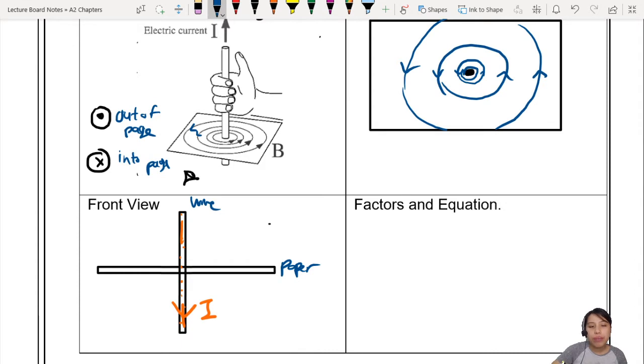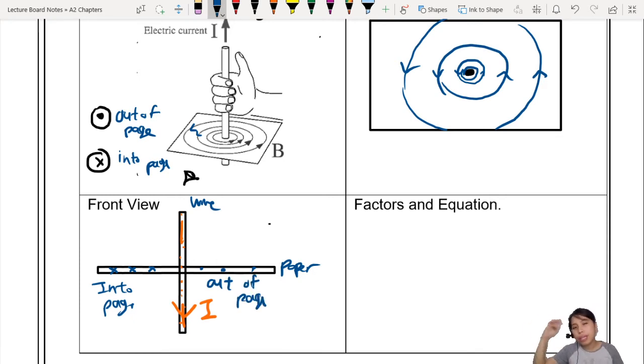So on the left side, your fingers are going into the page. So you draw X's. So this is into the page, or into the screen. And then your fingers will curl out on the right side, and that is coming out of the screen, or out of the page. Okay, so know how to use your thumb in top, side, bottom, left, right, different kind of thing.